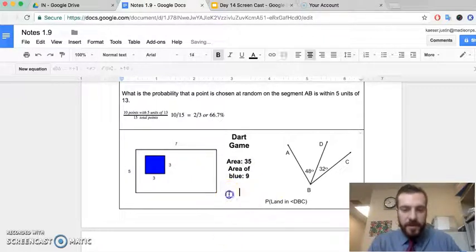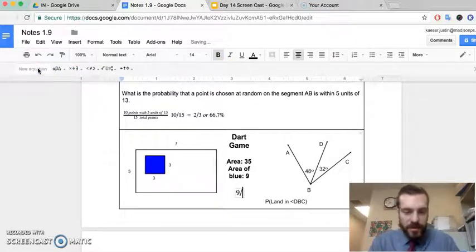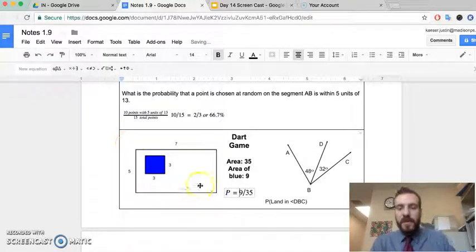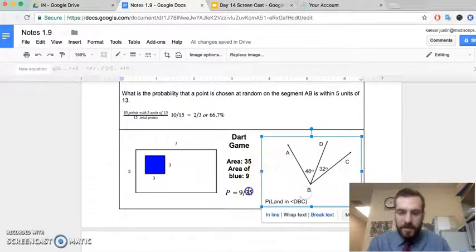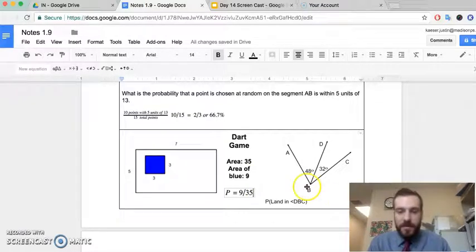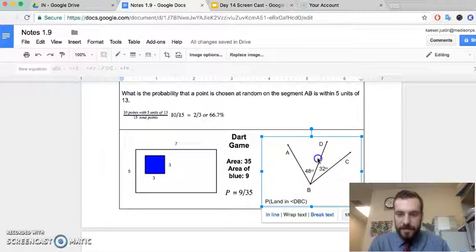So our probability is just 9 over 35. That's what the probability equals, 9 over 35. Because this right here is our winnings or our desired outcomes, and the total outcome or total area is 35. Now we could simplify that if you wanted to. You could put it as a decimal or percent, but I'm just going to leave it as a fraction.